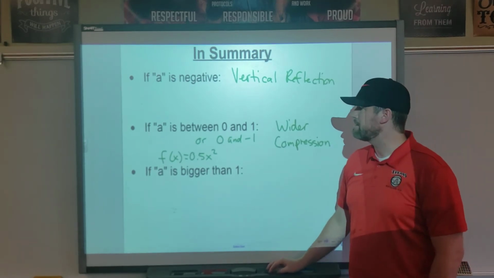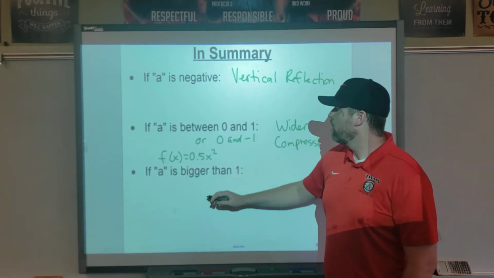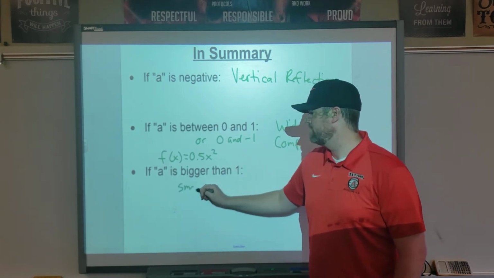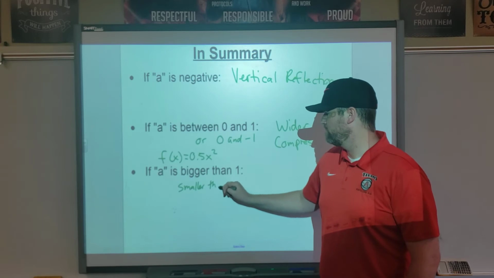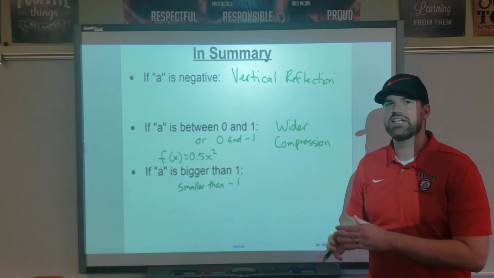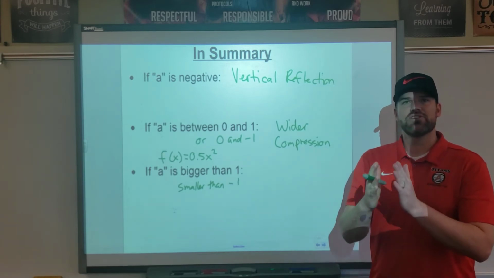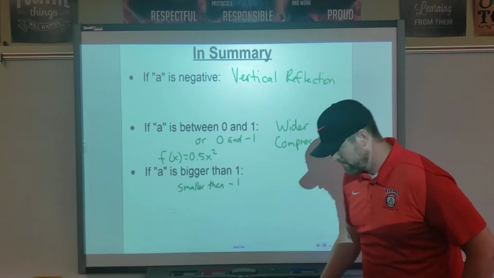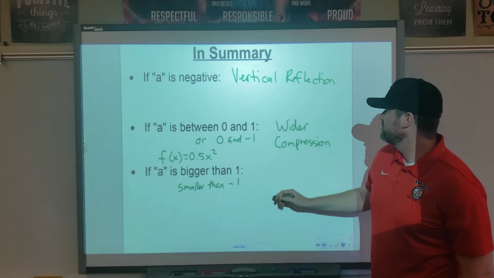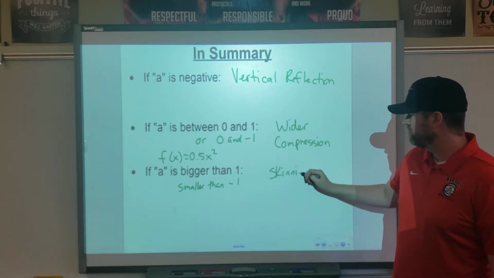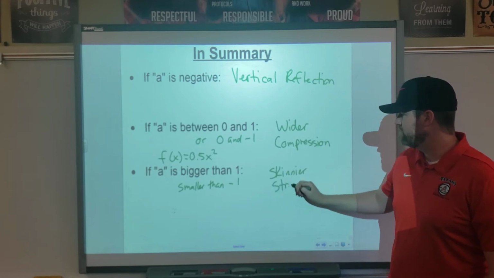If our a is bigger than 1 though, or, because you have to go opposite, if it's smaller than -1, so something between -∞ and -1, then it's going to stretch. So this is going to be skinnier, which is going to be a stretch.